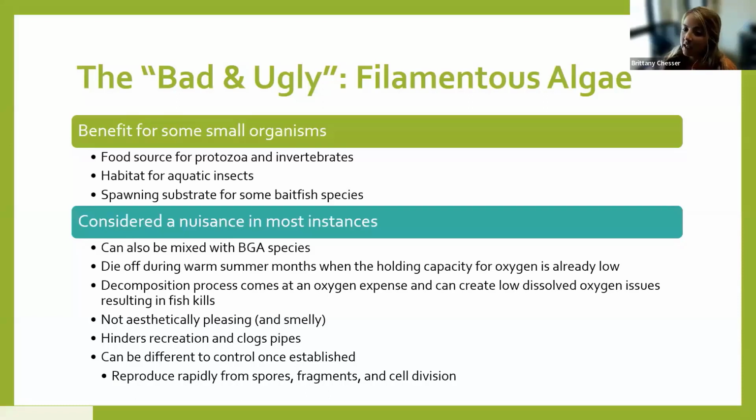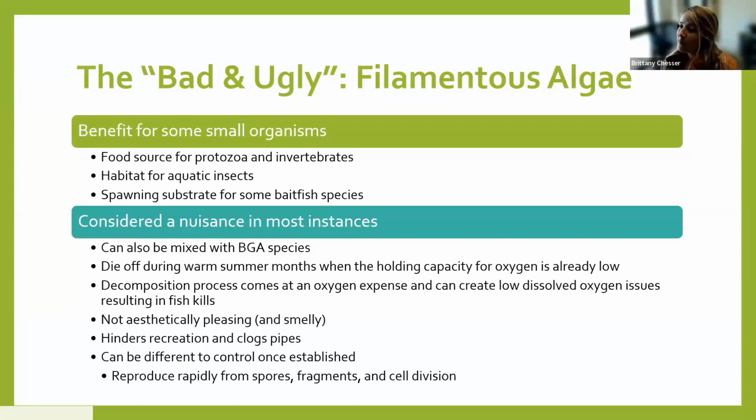Filamentous algae can also be mixed in with filamentous forms of blue-green algae or cyanobacteria species. But the main concern that we have with filamentous algae is that when it dies off during the warmer summer months, the holding capacity for oxygen is already low. The warmer your water is, the less oxygen that it is able to hold.